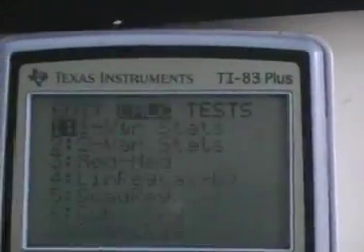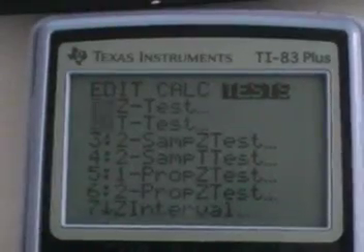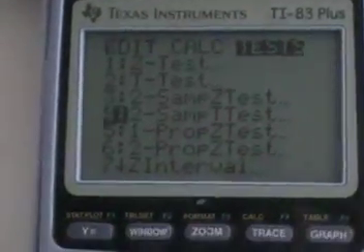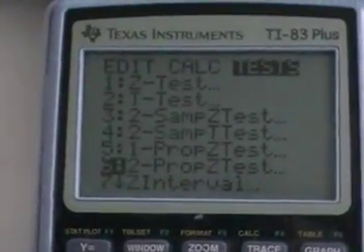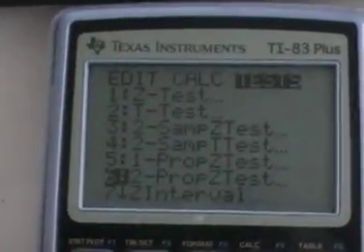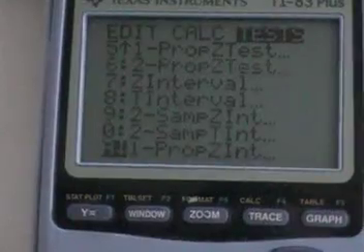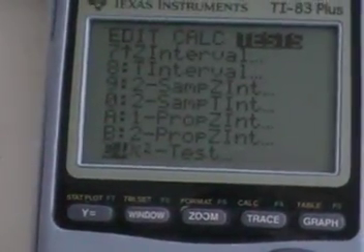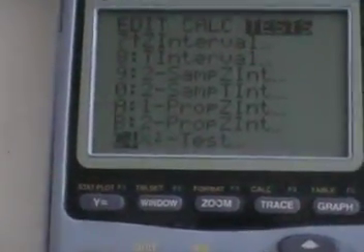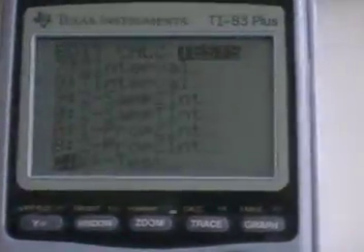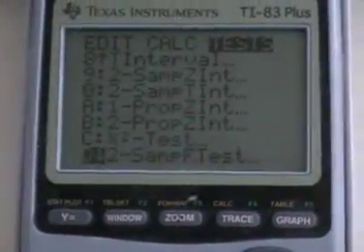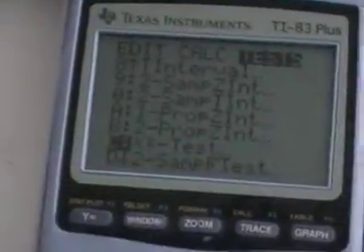You press stat, go over to tests. We've already used z-test, t-test, 2 sample z, 2 sample t, 1 prop z, and 2 prop z. Those are the 6 main types of tests. We've even used some of these intervals too, for confidence intervals. Then right below that, there's one called chi-square test. Be careful on your calculator. Some calculators also have a chi-square GOF test.